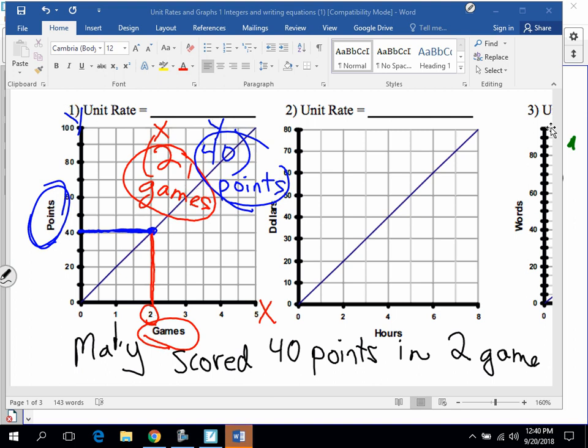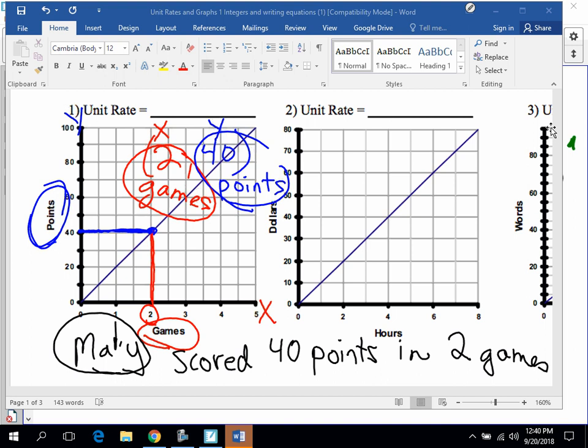If you wanted to be more specific, you could say, Mary scored 40 points in 2 basketball games. You know what sport she's playing. You could use a different person besides Mary. You could say LeBron James scored 40 points in 2 games. Although I think maybe he might score more than 20 points per game.